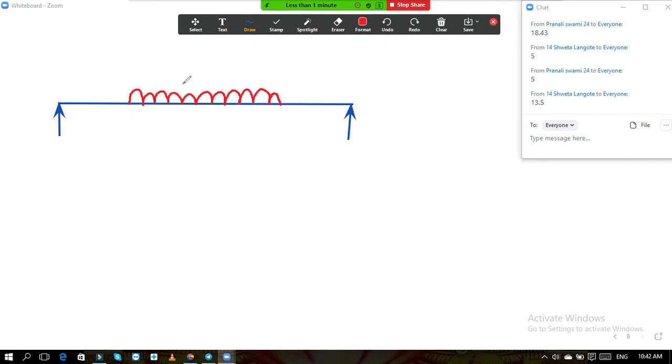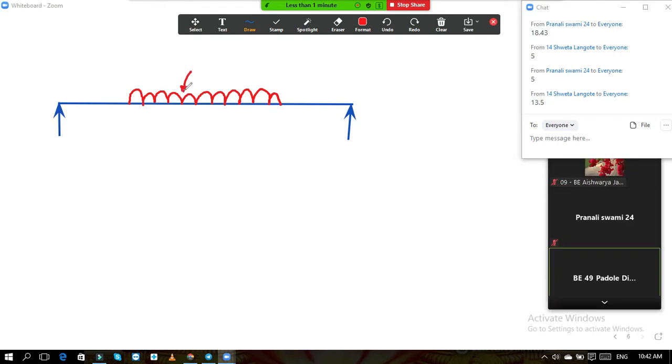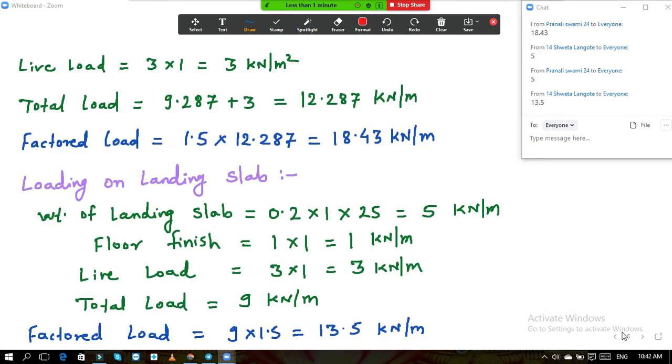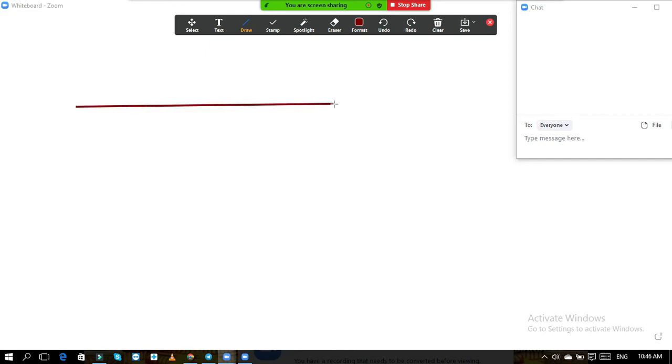What is the value of this UDL? What is the total load? It is 18.43. This total length is 4.63 meter. This is our effective span. This total length we are going to consider.